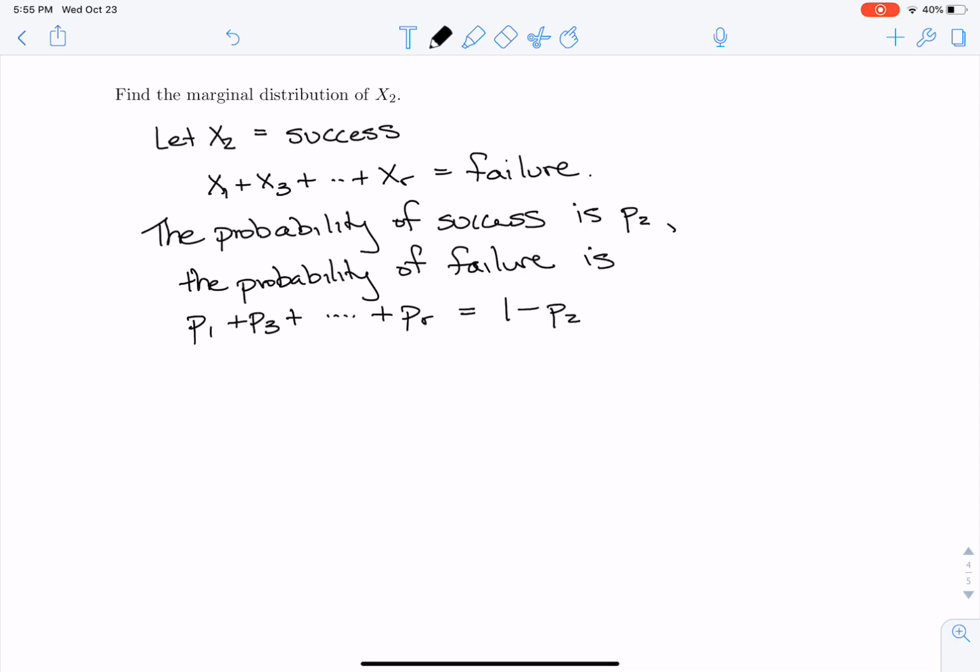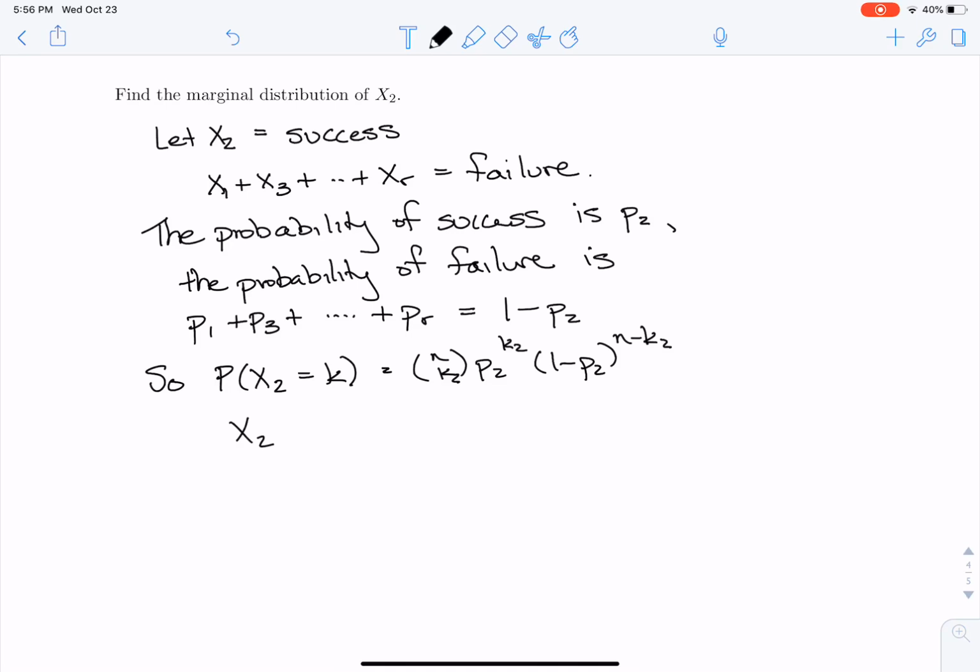And so the marginal distribution for x2, so the probability that x2 is some number k, well, if x2 is like success and all of the other events are like failure, then this should be a binomial distribution, n choose k2, p2 to the k2, 1 minus p2 to the n minus k2.